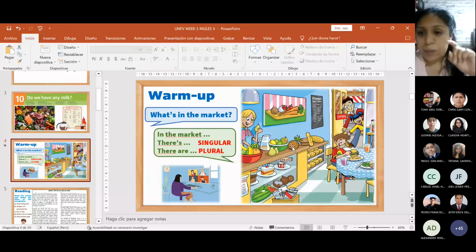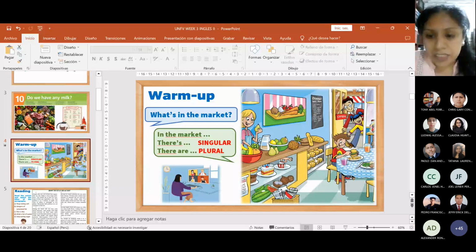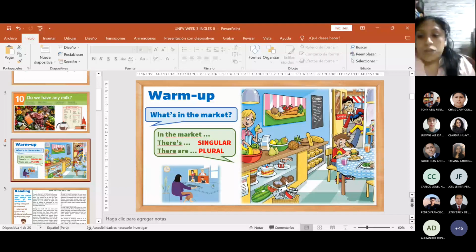There are cupcakes. Hay pequeños pasteles, cupcakes. There are coconuts. Hay cocos, ¿no? Or there are watermelons. There are newspapers.